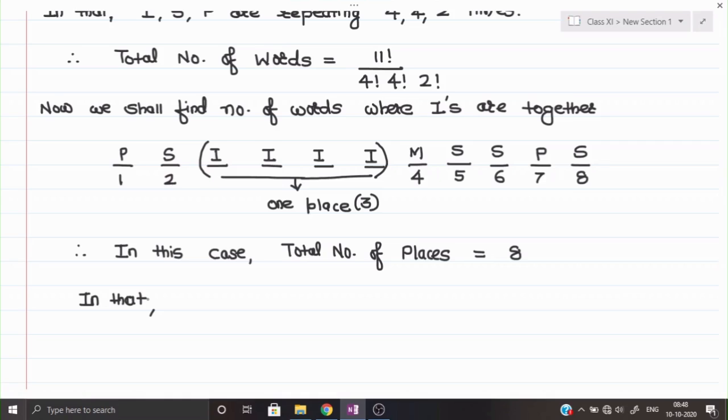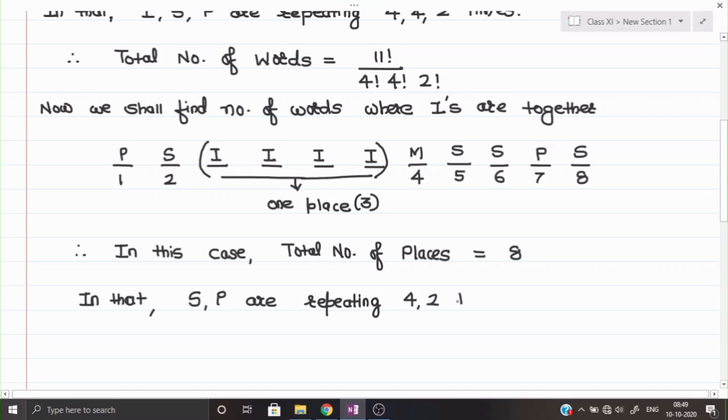So here now who is repeating? Remember, all 4 I's are one letter now. Okay, so we are not counting that as a repeating letter, that is one group for us, one place only. Okay, so now if we leave the I, S is also repeating, P is also repeating 2 times. So we can say that S, P are repeating 4, 2 times.